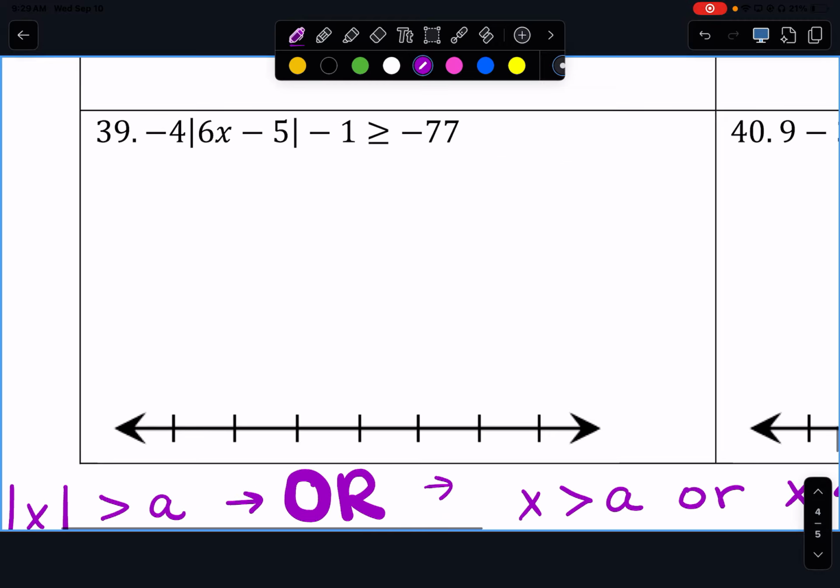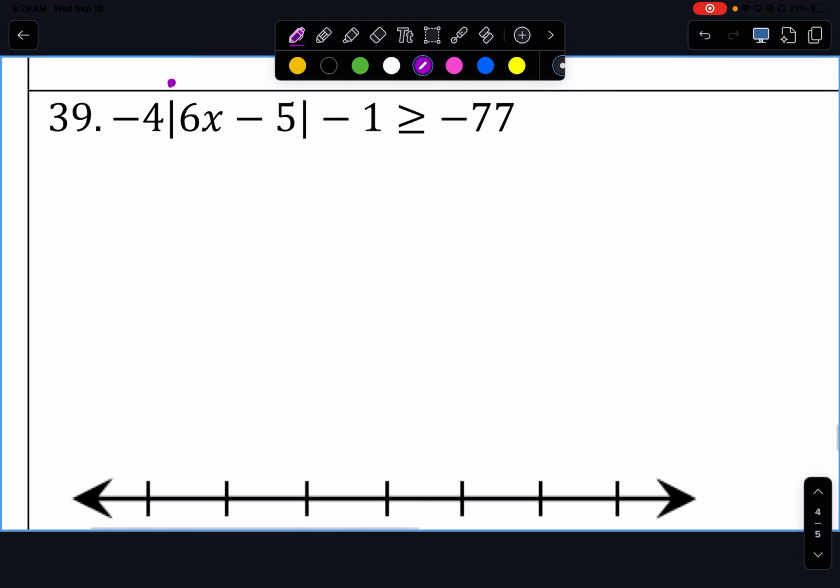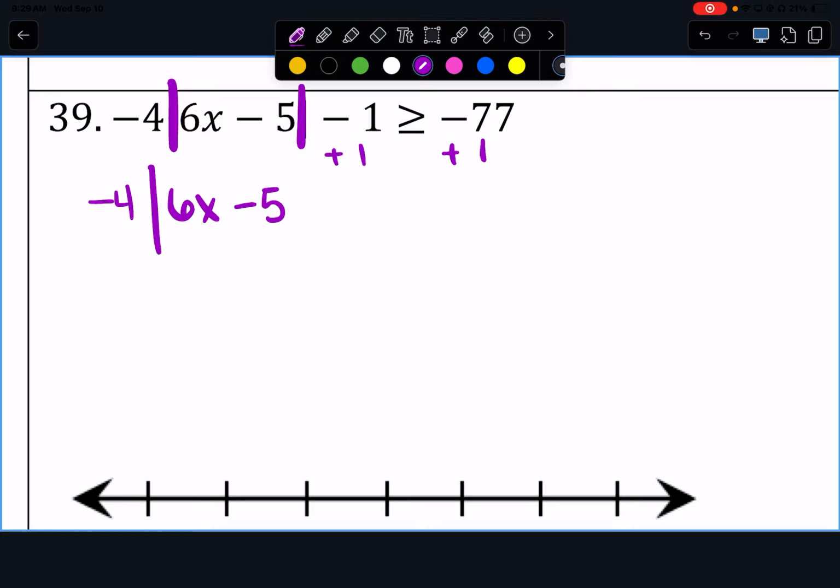Add 1. We add 1 first because we have to isolate our absolute value. So we add 1. We get negative 4 times the absolute value of 6x minus 5 is greater than or equal to, what is negative 77 plus 1? Negative 76. Divide by, not just 4, but negative 4.